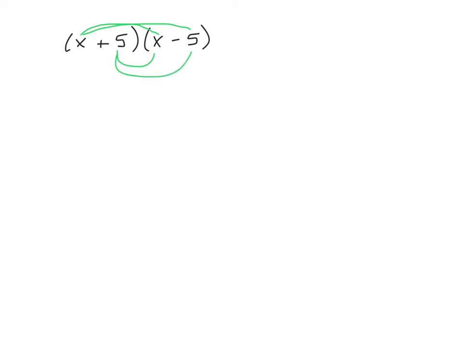So let's see what we get. x times x gives us x squared. x times negative 5 gives us negative 5x. Positive 5 times x, positive 5x, and positive 5 times negative 5 is negative 25.